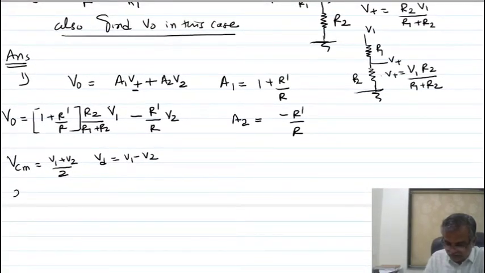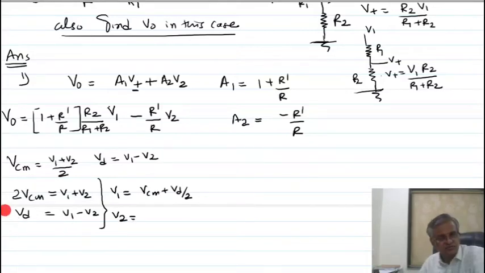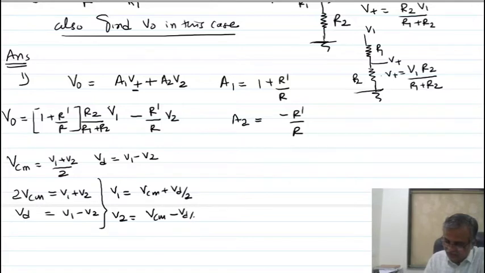So we can write 2 VCM is equal to V1 plus V2 and differential signal Vd is given by V1 minus V2. From these two equations we can write V1 is equal to VCM plus Vd by 2, and V2 is equal to, if you do the subtraction, VCM minus Vd by 2.